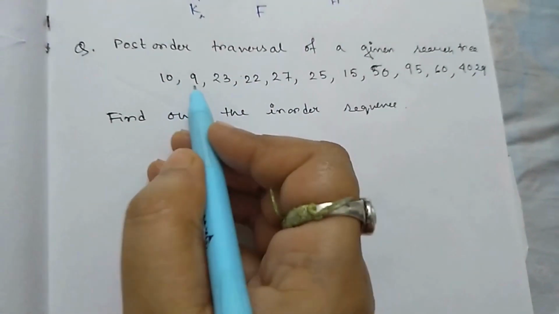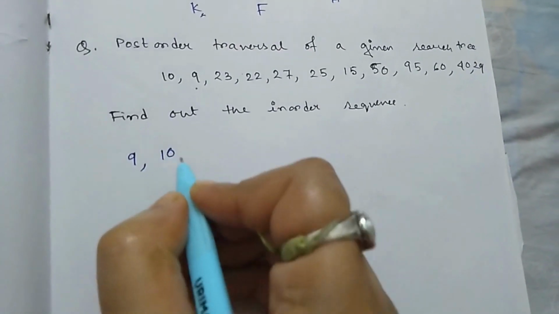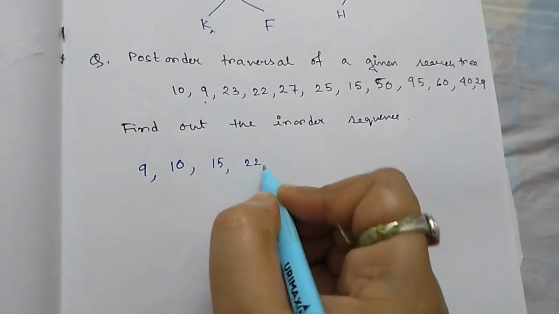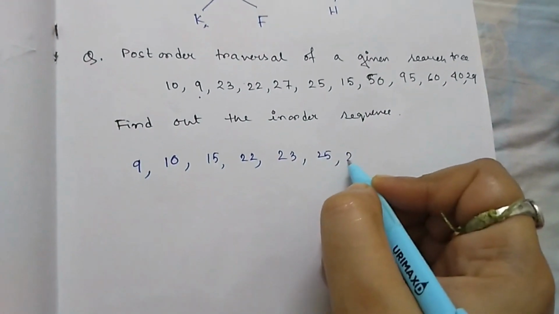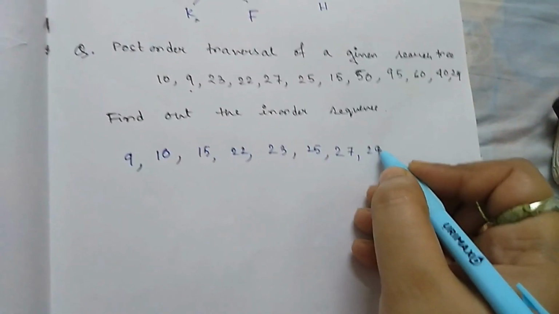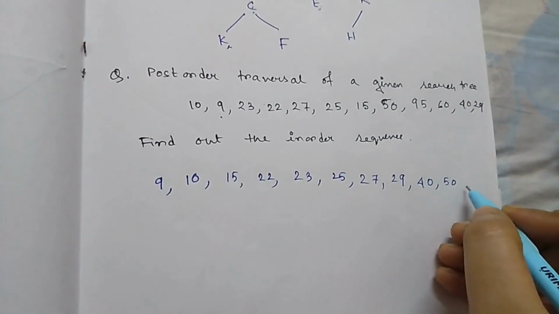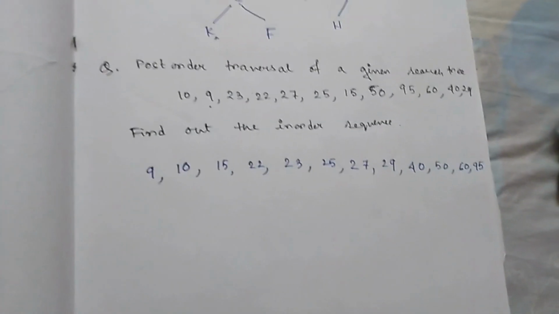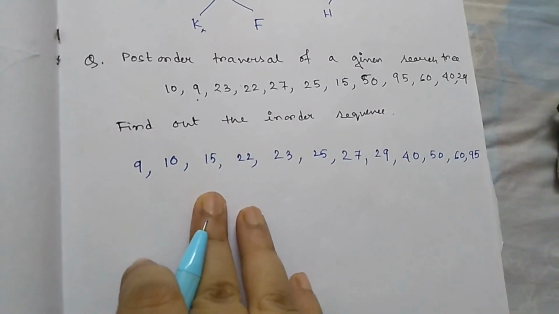So the order is: the smallest value is 9, after that 10, then 15, 22, 23, 25, 27, 29, 40, 50, 60, 95. Remember, this can only happen in a binary search tree.